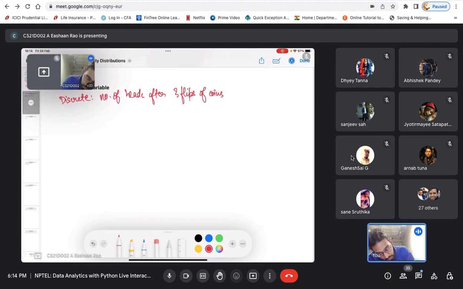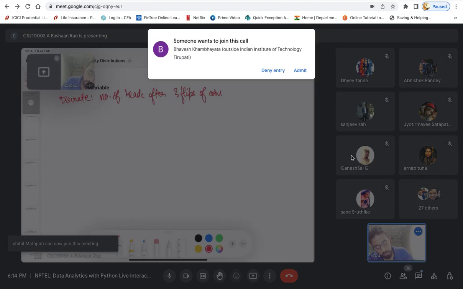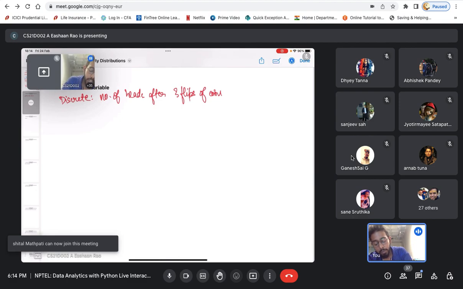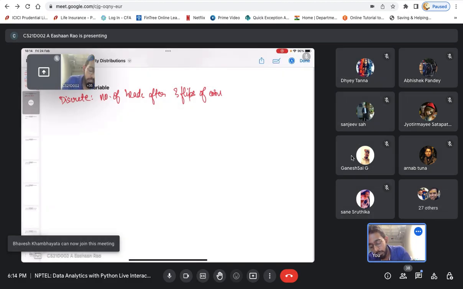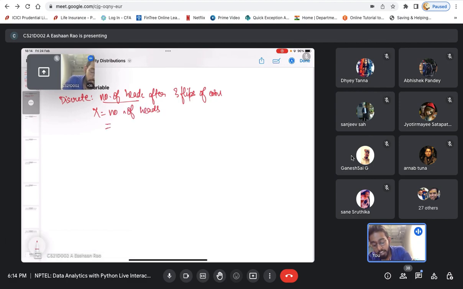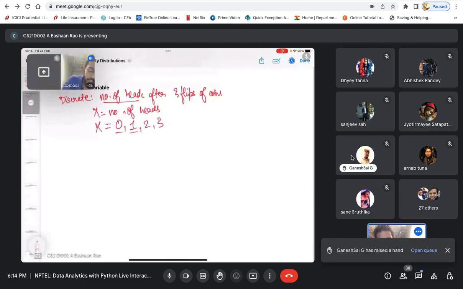That means we have to identify how many times the head comes up when we flip 3 coins. Here we are taking x as the number of heads occurring. This can be counted: head can come 0 times in 3 flips, 1 time, 2 times, or 3 times. So the random variable x can have all these values.